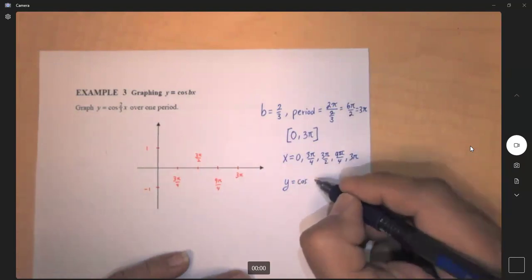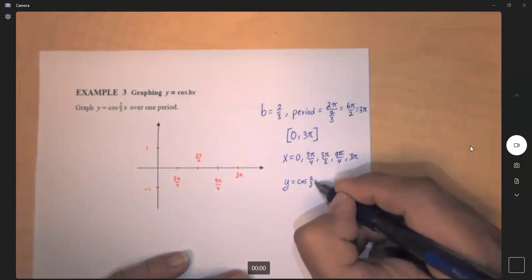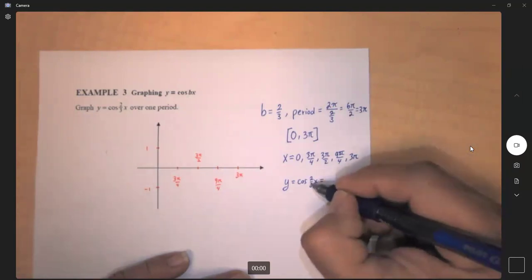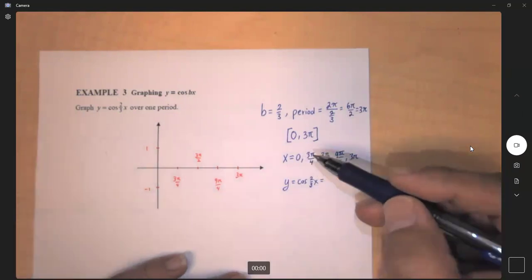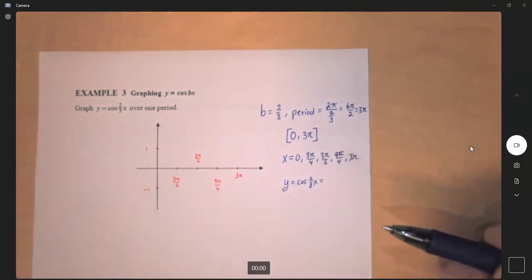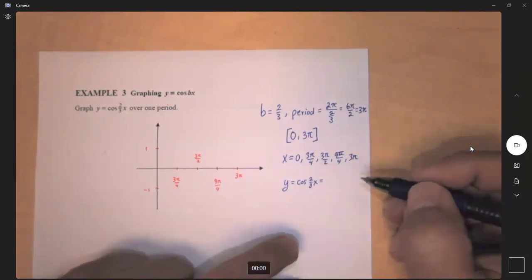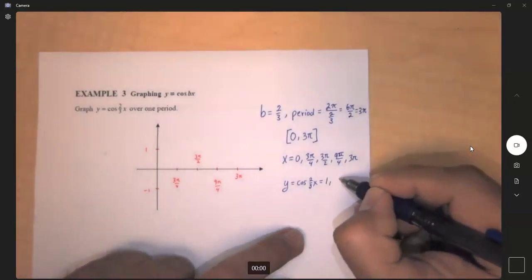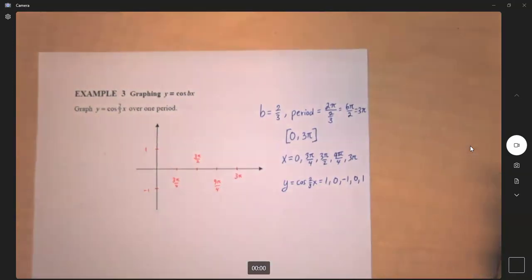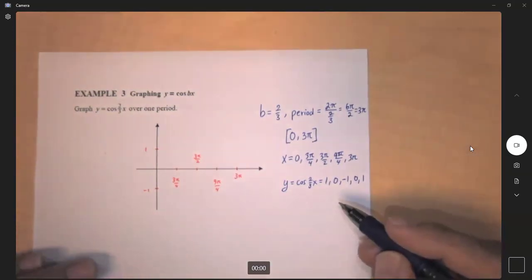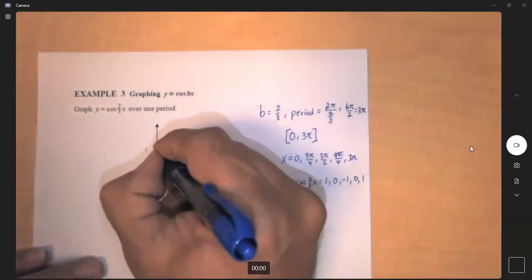So the cosine of 2/3 x at these values is where the original 1, 0, -1, 0, 1 values coincided. So then those will be 1, 0, -1, 0, and 1. And those are the points I would graph here now. So at 0, 1 first.